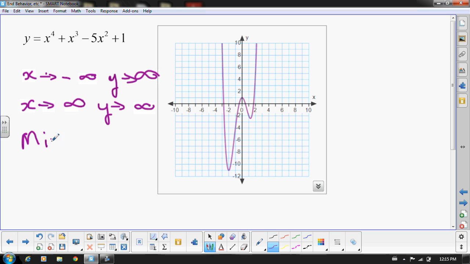Our minimum value is at y equals negative 11, or at least that's what it looks like on the graph when I read it very quickly. We have a y-intercept at positive 1, which we could tell from the equation. This is always going to be the y-intercept as long as it's expanded. And then we have 4 x-intercepts: 1, 2, 3, 4.